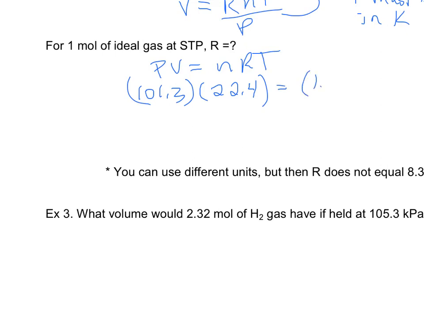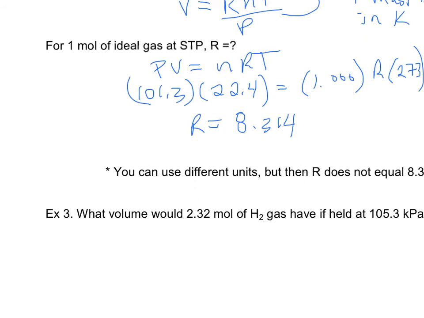By definition, I have a 1 mole sample. Let's get lots of sig-digs on this, so we'll put 1.000. We're going to solve for R, and at STP, the temperature is 273. If you rearrange for R, I'm going to figure out what these are equal to times each other, and then divide them by 1 and divide it by 273. R equals 8.314.